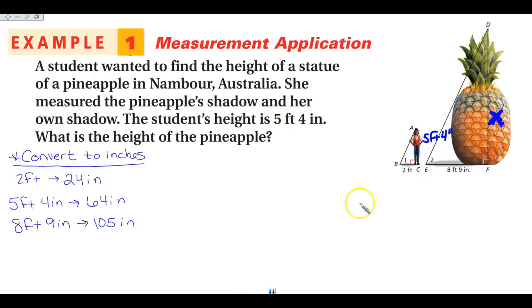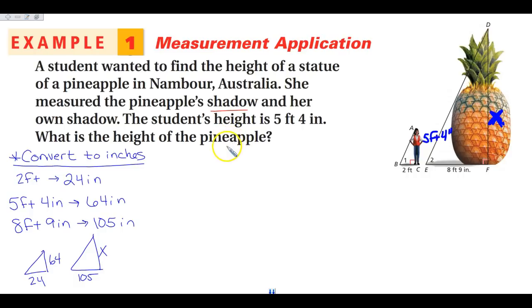All right, so now when I'm looking at my two triangles, this is what I'm looking for. This is going to be 105, this is 64 and this is 24. That makes our setup a little bit easier. Now, our triangles are similar. They're both right triangles, and the reason, when we look at shadows, is that the angle of the sun is going to be the same.